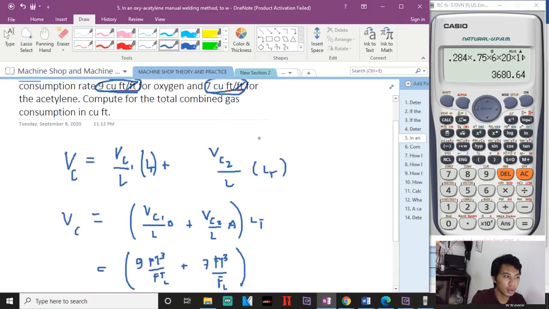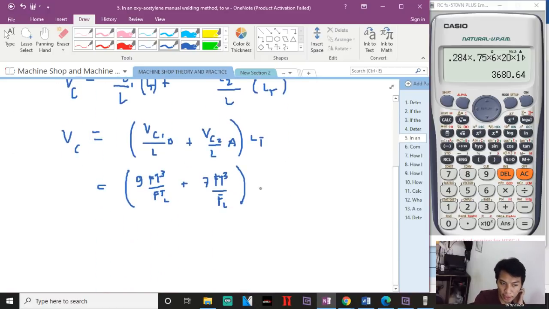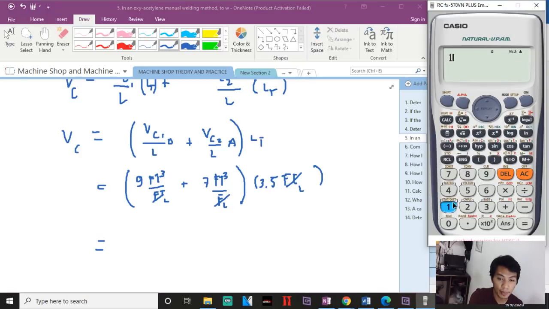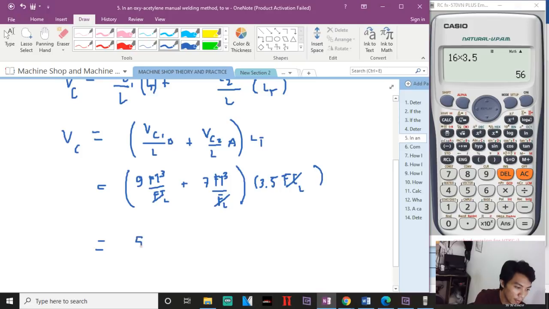I-multiply natin dito. Okay? Ano yung length na yun? 3.5 feet. Length naman yan. Okay? So, cancel natin yung feet length, tapos feet length. Ang lalabas na lang is feet cube. Okay? Dali lang siya. So, 9 plus 7 is 16 times 3.5. That will be 56 cubic feet. Ang total consumption of the gas. 56 cubic feet. Total consumption.